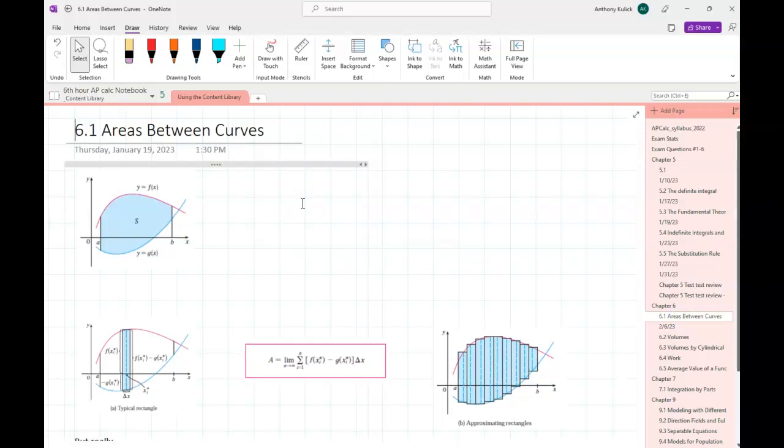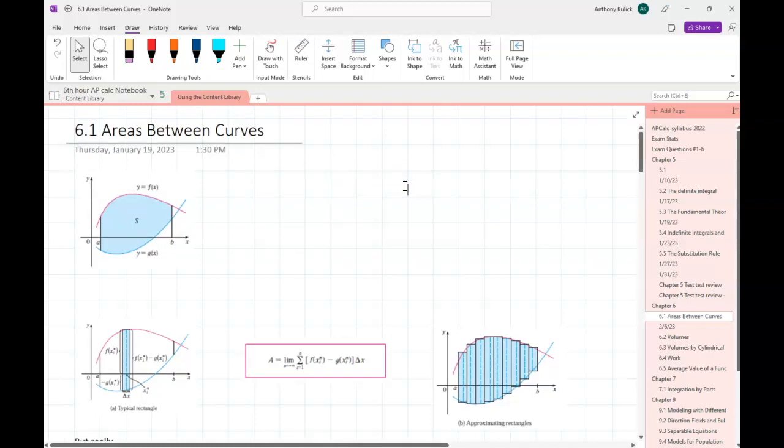So, chapter 6, we're going to look at areas between curves. Our goal is to figure out the area for that region S. That's the area between those two curves.